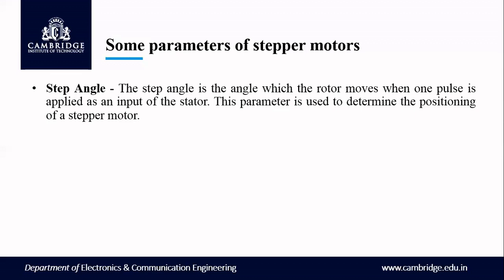For one pulse, the step angle is, for example, 360 divided by 200, which is 1.8 degrees. If you apply one pulse, it will make a 1.8 degree rotation. To have 360 degrees, we need to provide 200 pulses, so 200 into 1.8 degree step angle makes 360 degrees. So one rotation is achieved.